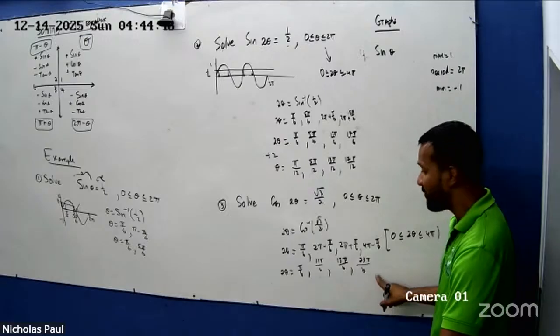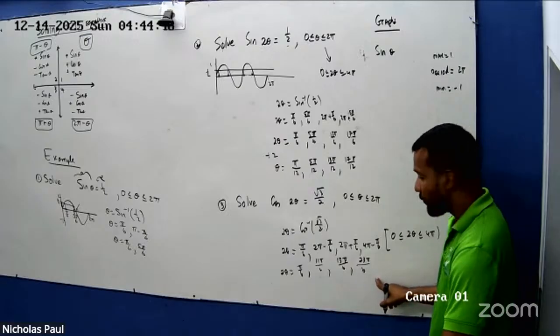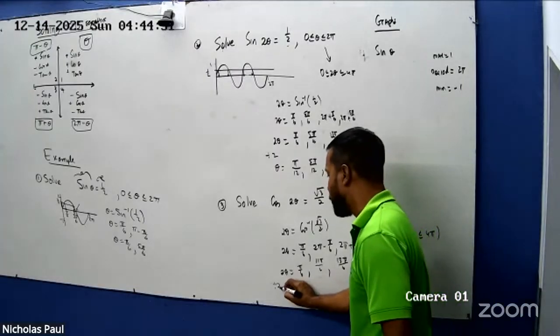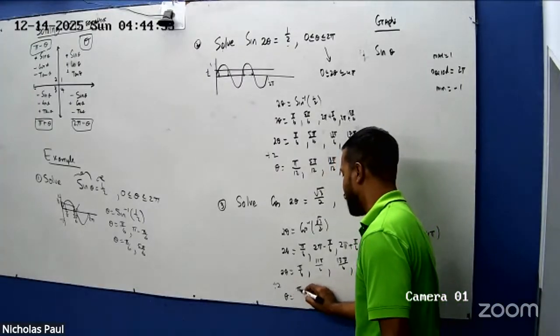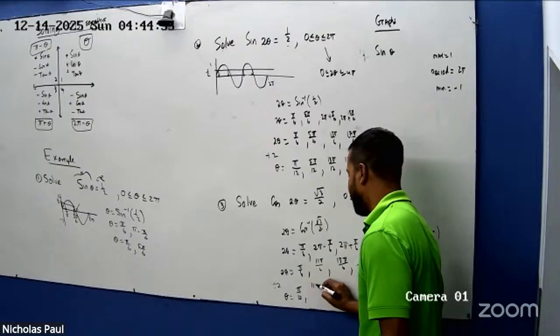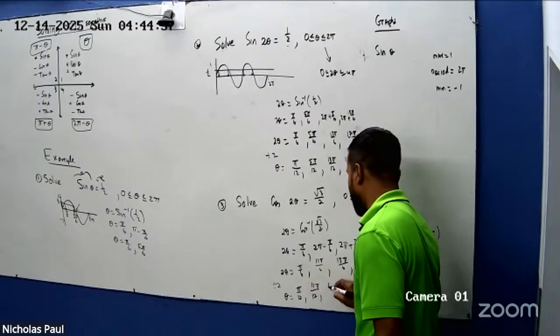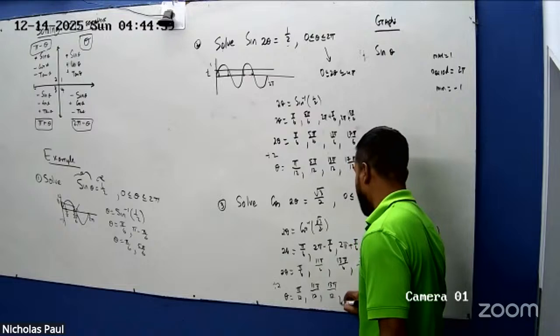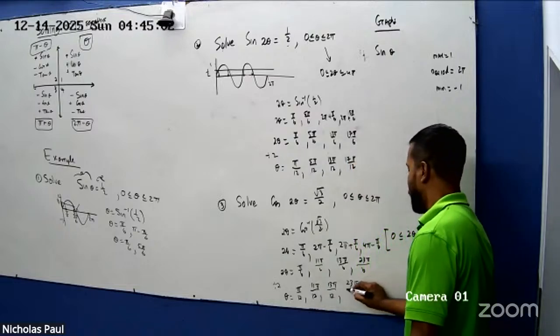But I get all these values, right? And now divide everything by 2 and you have your final set of answers: pi on 12, 11 pi on 12, 13 pi on 12, 23 pi on 12.